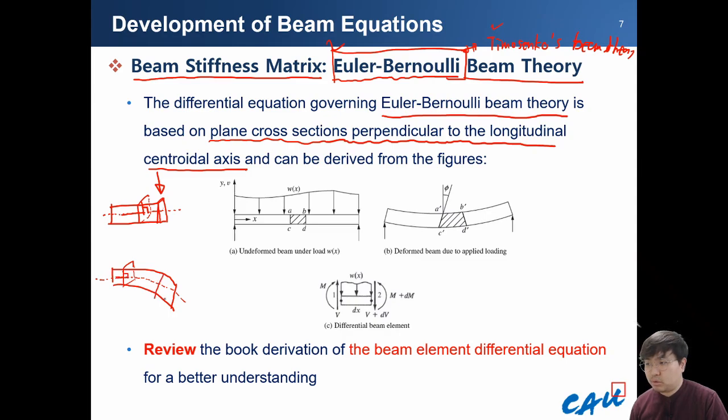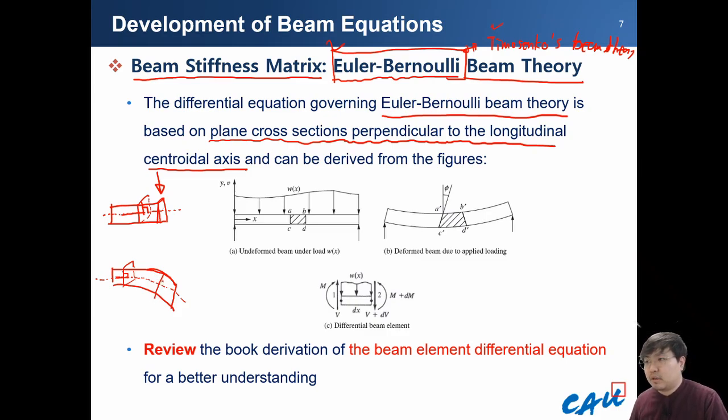Also, due to the deformation, this part will experience an increase in length, meaning a longitudinal elongation. This line will be shorter than the previous line, so it will experience compressive stress or force.